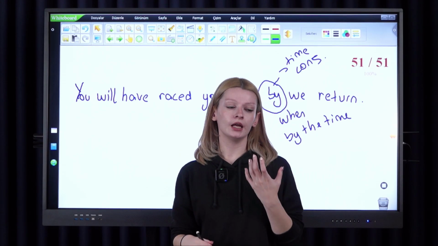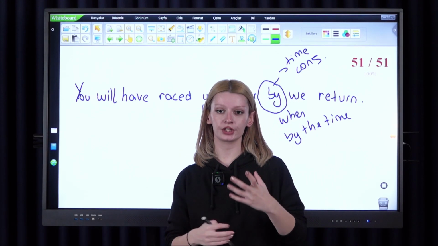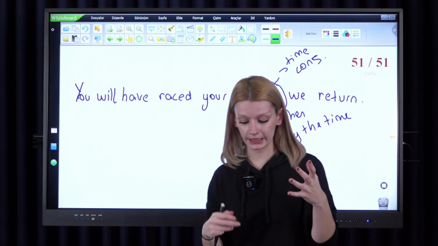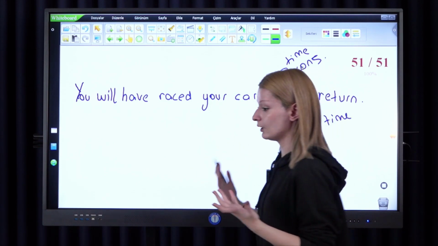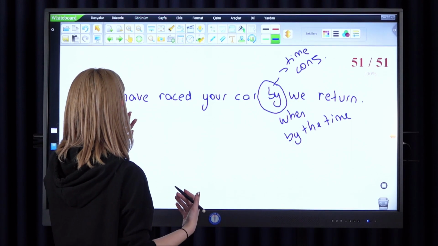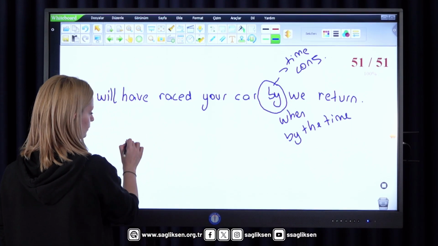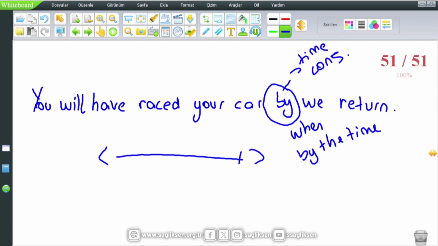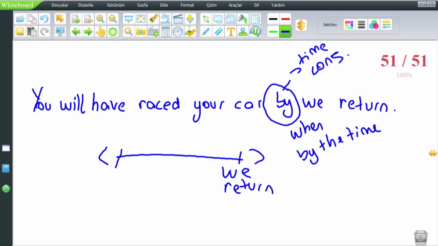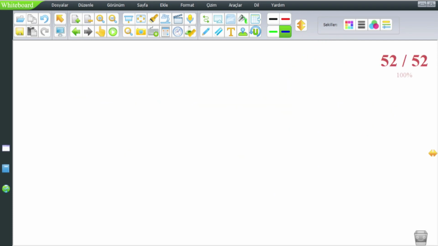But with all time conjunctions, we look for tense harmony. You will have raised your car by we return. My limit in this particular example is us returning. This is now. And somewhere in this timeline, don't know the exact time, you will have raised your car.